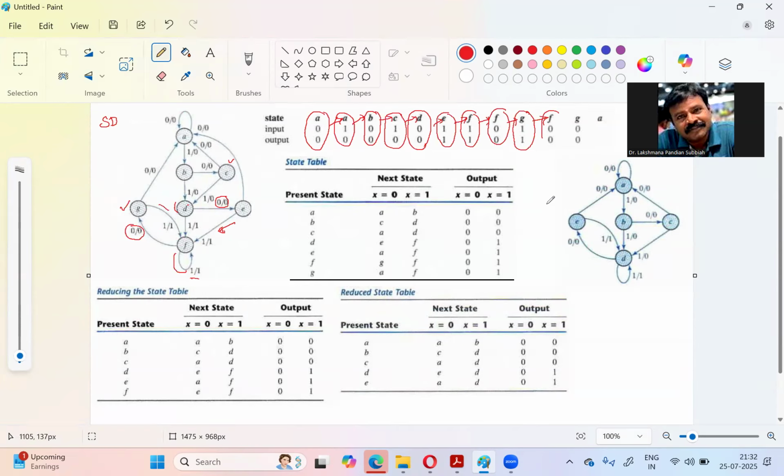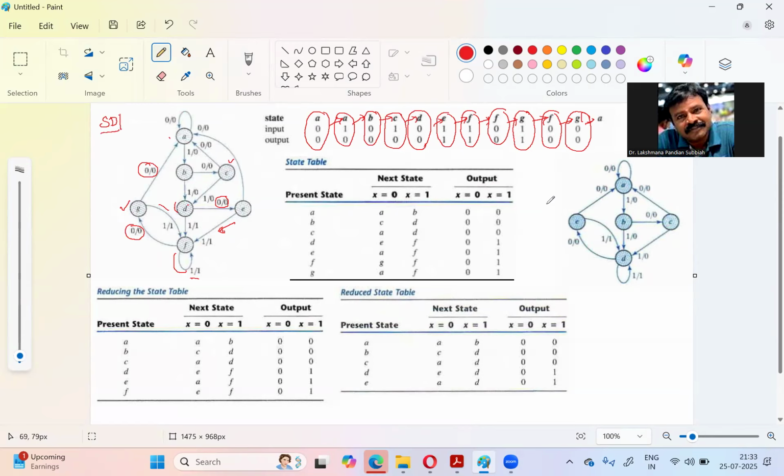And then from F by 0/0, it will transit to G. Then from G by 0/0, it will go to A. Now this is the transition diagram.